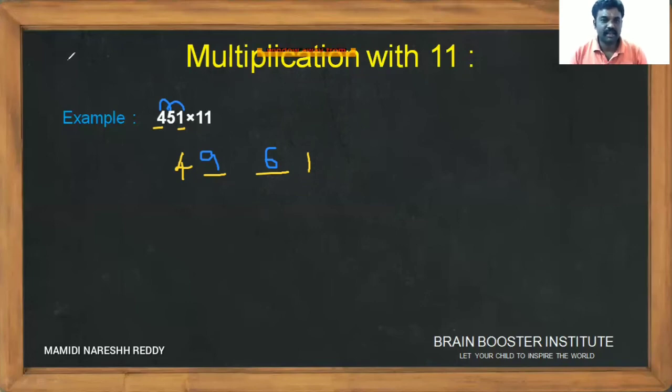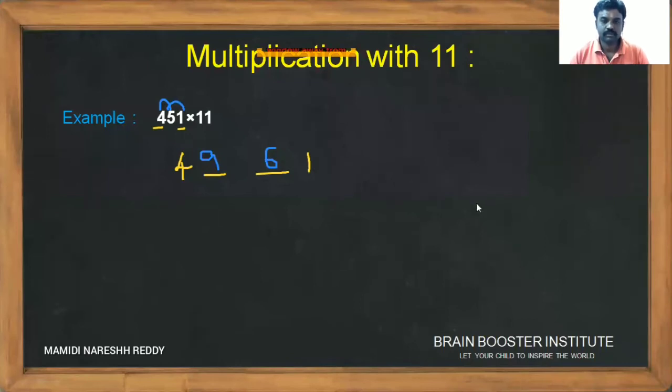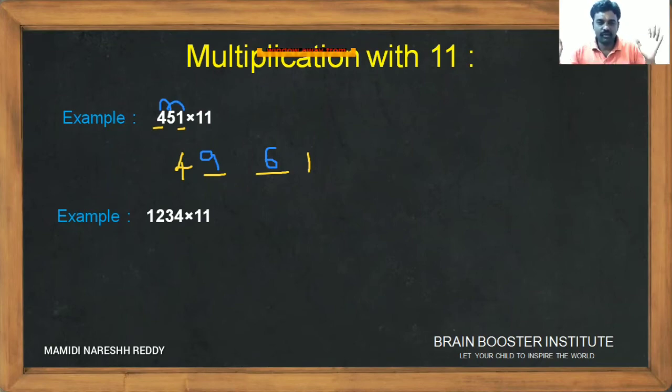Okay, let's see the next problem. See the next example, 1234 into 11. I'm increasing the number of digits now. As we are adding 1, 2, 3, 4, we get three sums. The extremities are 1 and 4.